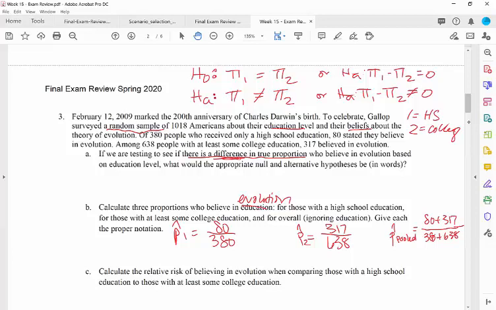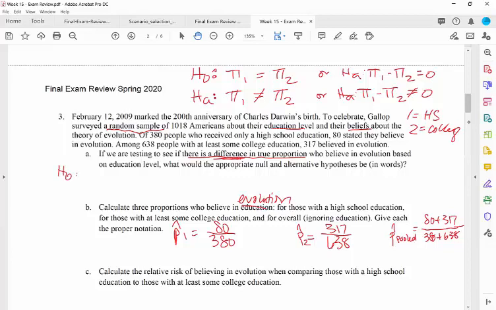So pi 1 represents the true proportion of people with high school education who believe in evolution, and pi 2 is the true proportion of people with college education who believe in evolution.